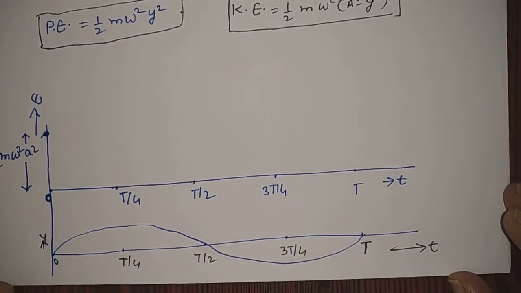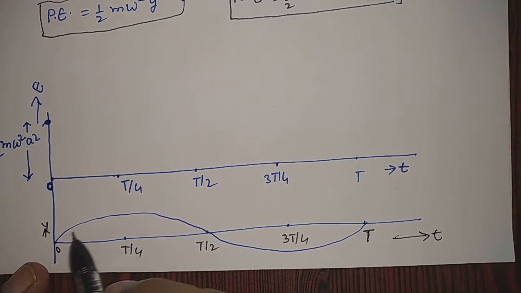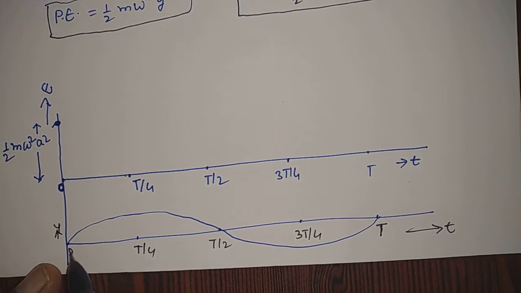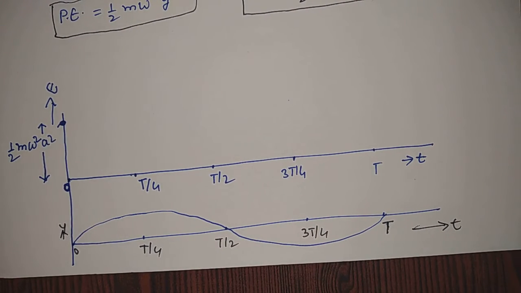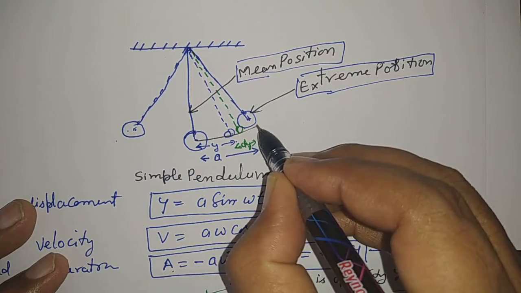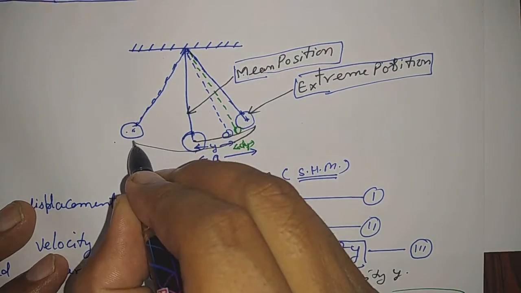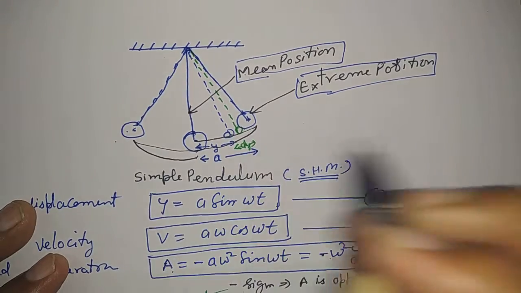Here is the graphical representation of energy. When a body makes simple harmonic motion, a simple harmonic wave is given for one cycle. One cycle means mean position to extreme, extreme to mean, mean to extreme on the other side, then again to the mean position.